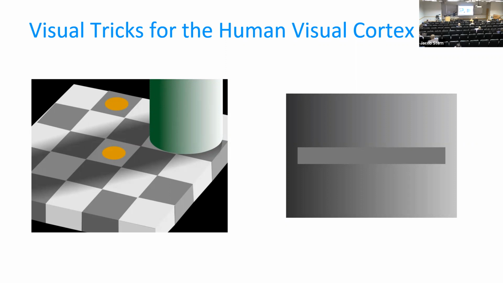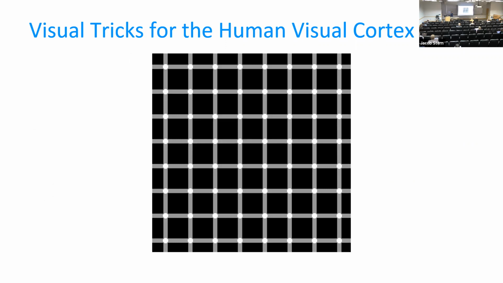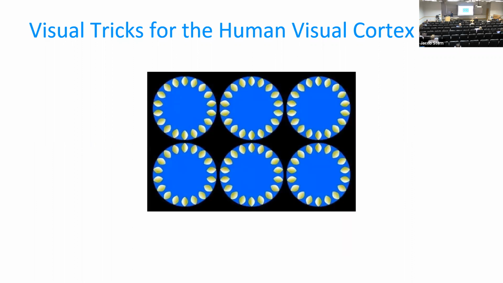The difference in colors between these two dots on that grid. Are these lines parallel? Are there black dots on this grid? Are these circles stationary or are they rotating?